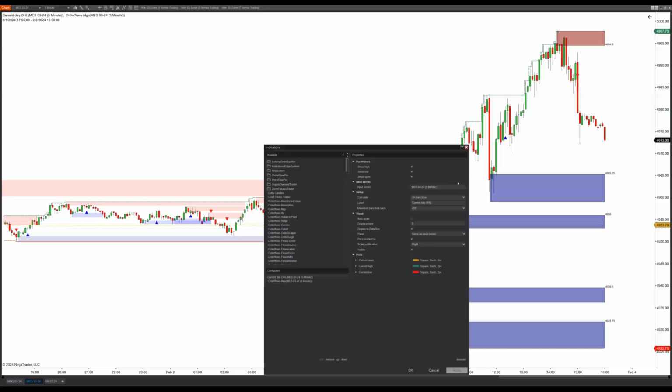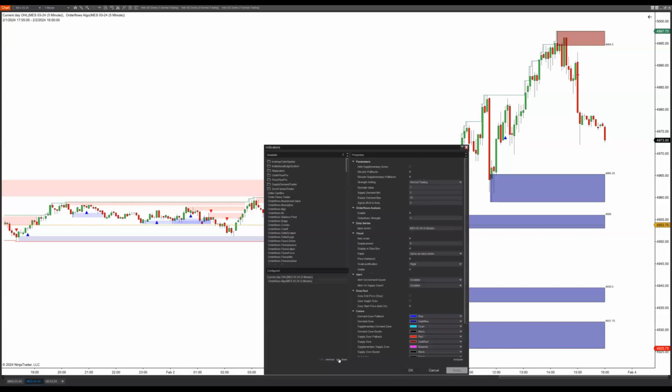Actually on here, we have a setting, move it up here, where you could actually draw the zone height, how tall it is. Okay, but here the max and min, so you want a zone that's at least 2 price levels strong, right?